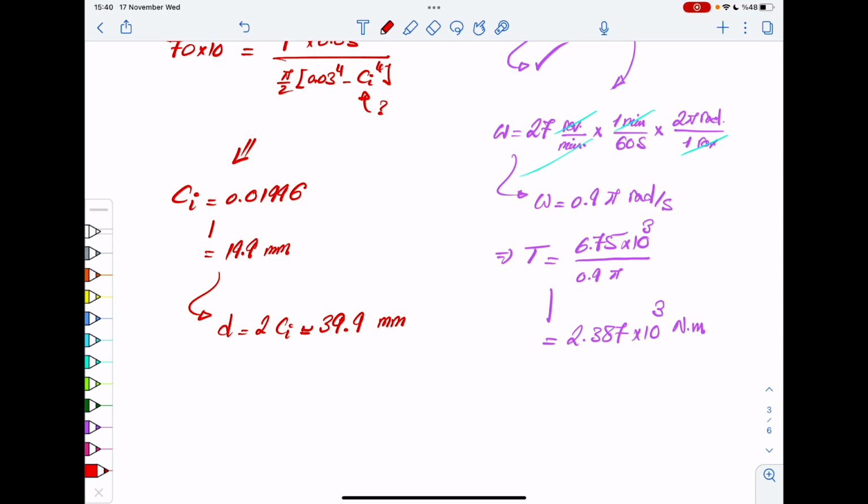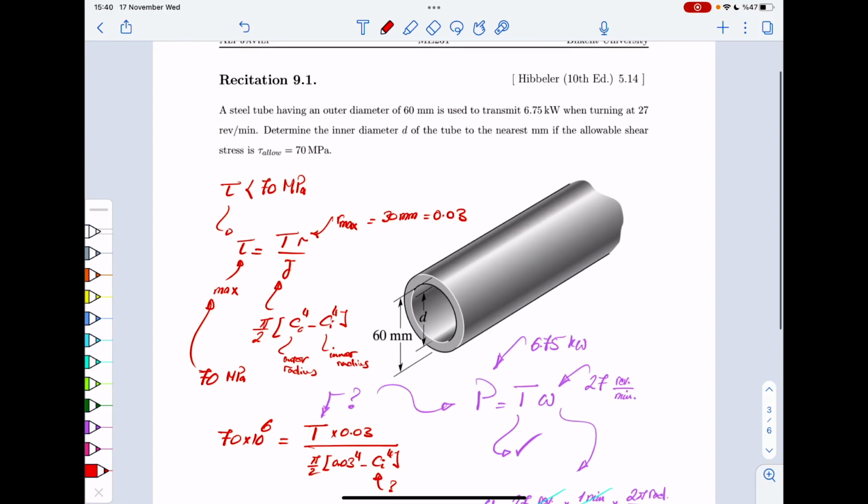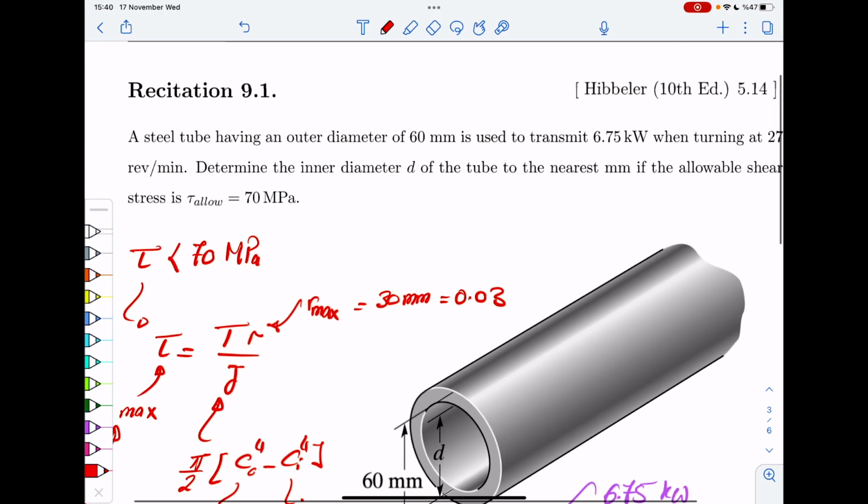Now, the question asks you to express this to the closest, or nearest, millimeter. This is something that you need to be careful about. The idea is that if you make it yourself, maybe you can make it at any diameter you want.